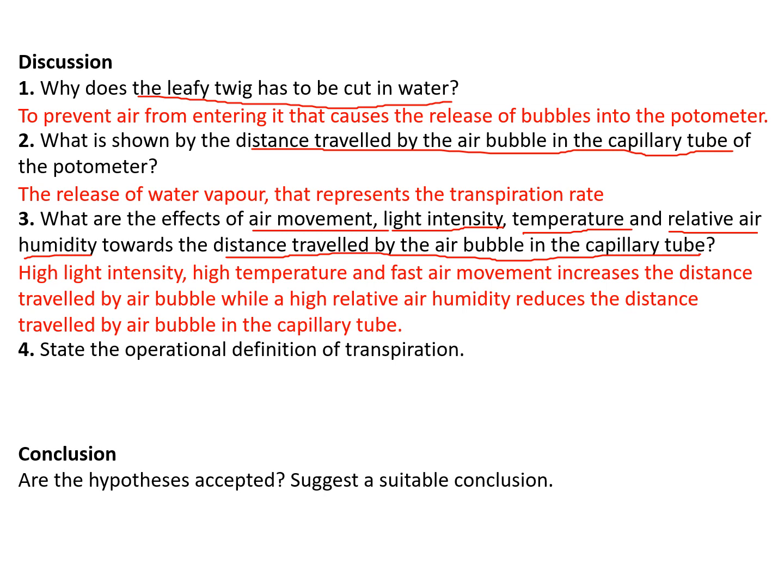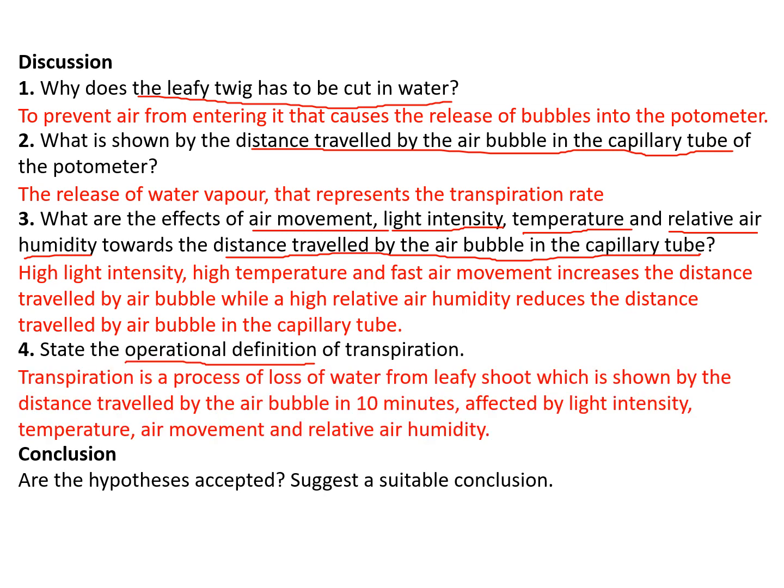Question number 4. State the operational definition of transpiration. You must give definition based on the experiments. This one we call it operational definitions. So the answer is like this.